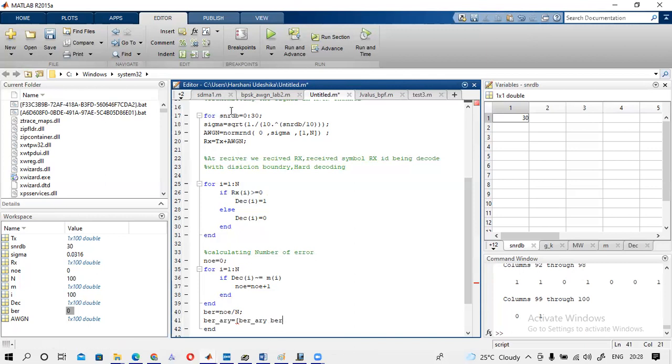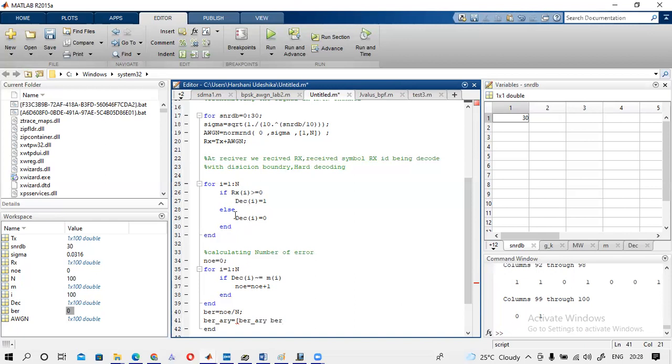So for example, now you are starting this loop. First SNRDB is 0. You calculate some sigma value, then you calculate the AWGN value. You have the TX value already. Then you calculate the RX value for this 0.